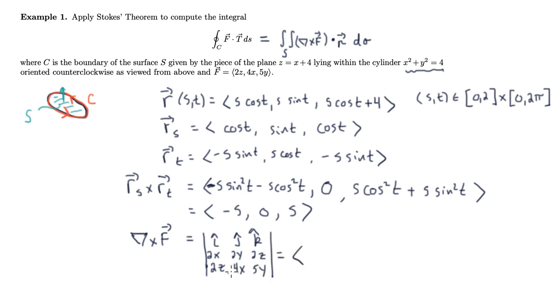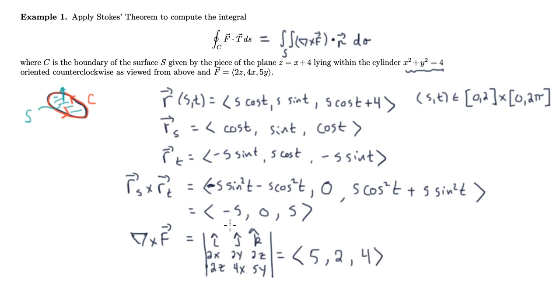Okay, so this is going to be partial with respect to y of 5y, so that's 5, minus partial with respect to z of 4x, that's 0. Then we have partial with respect to x of 5y is 0, and then minus partial with respect to z of 2z, which is 2. And then finally we have partial with respect to x, so 4, and then 0, so 4.